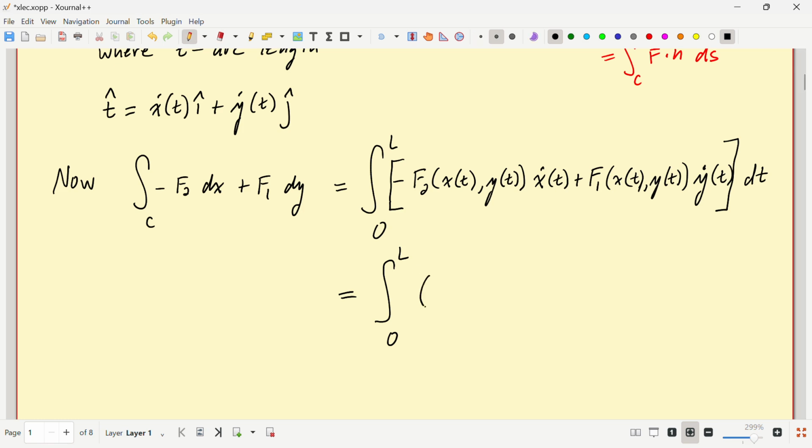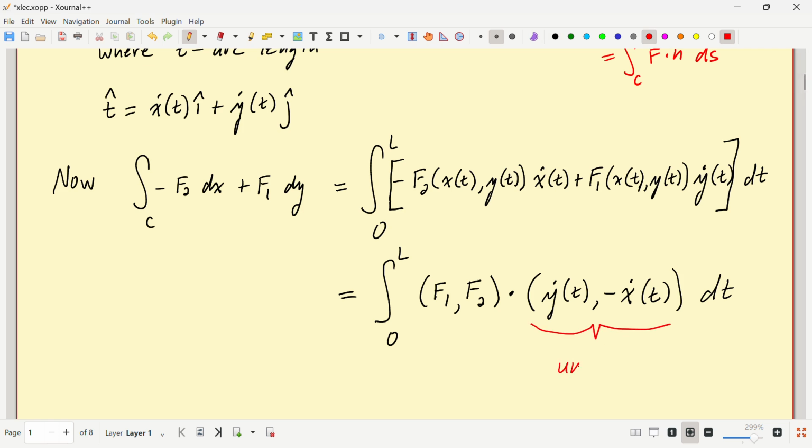I'm going to dot f1, f2 with the vector, oh, so it's a plus, f1 times plus y prime of t and minus x prime of t, dt. And I claim that this is the normal vector.